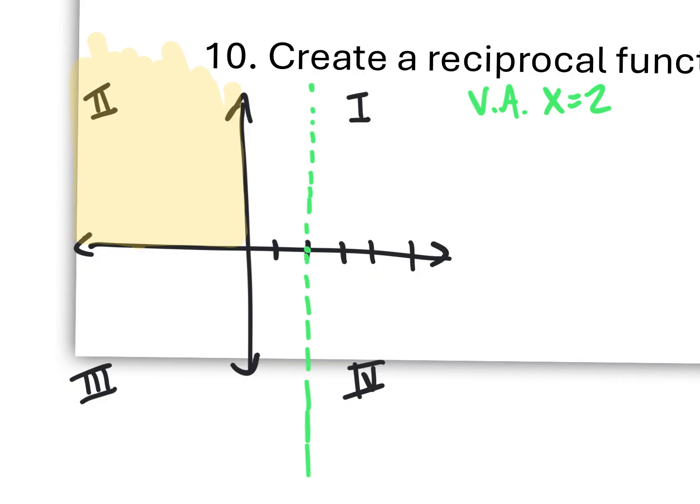Now, give me a horizontal asymptote that will not touch that quadrant 2. -1, perfect, okay? So you go to the y-axis, go to -1, and draw a horizontal line right through there, okay? So you would say horizontal asymptote is y equals -1. And of course, you could have picked -3, -4, but you know, these are perfect. You guys gave them to me, perfect so far, okay?